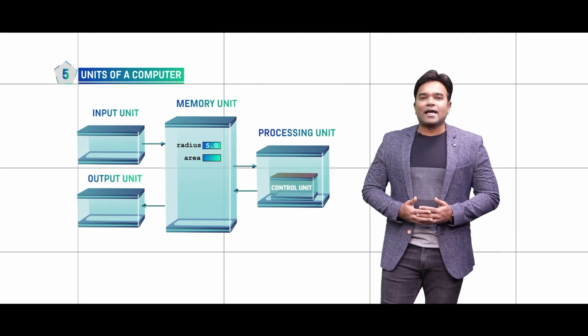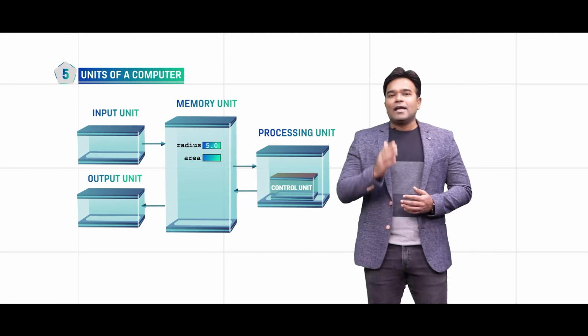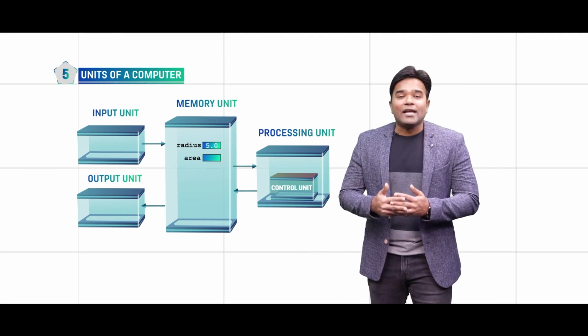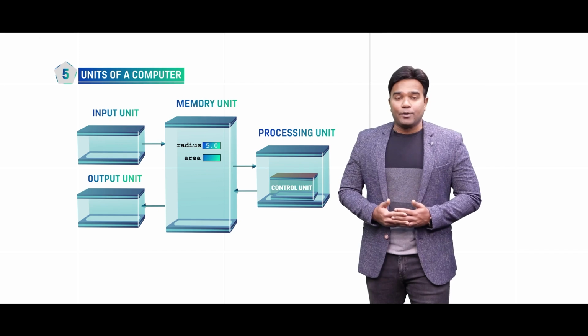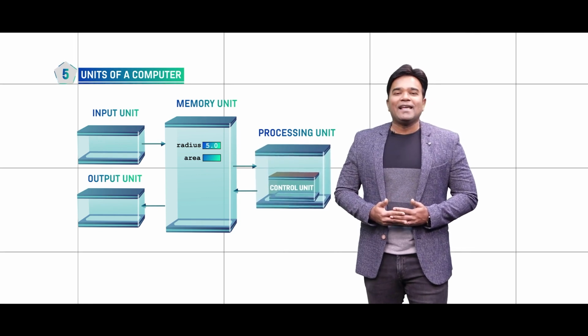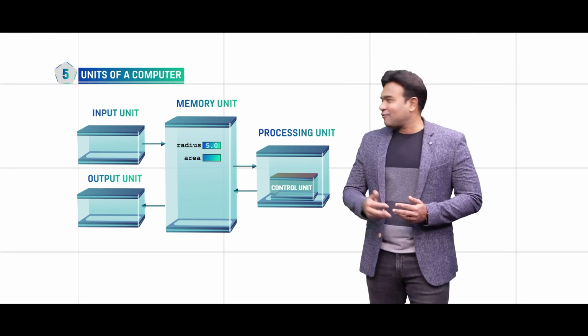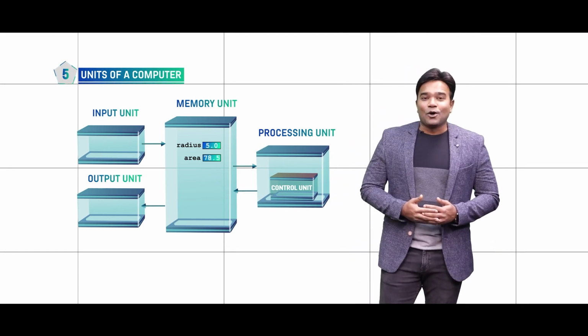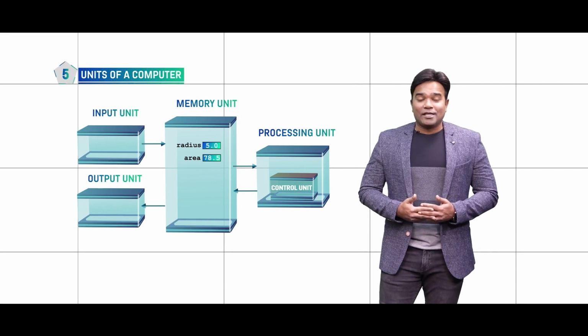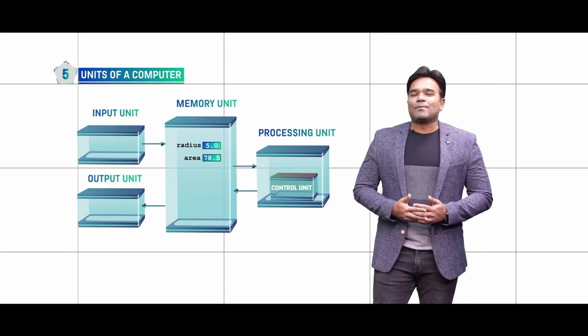At this point in time, the area, that is 78.5, would have been computed by the microprocessor, but it would have placed it within the memory unit itself like this. I need to actually display this on the display unit.